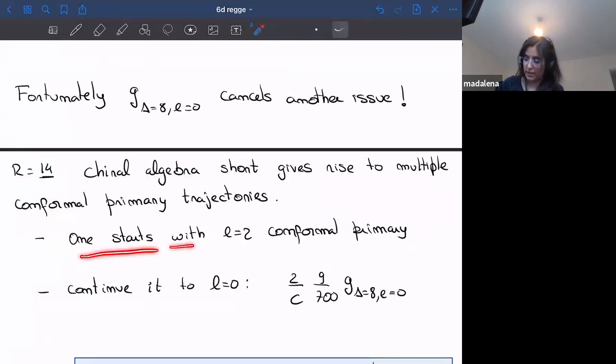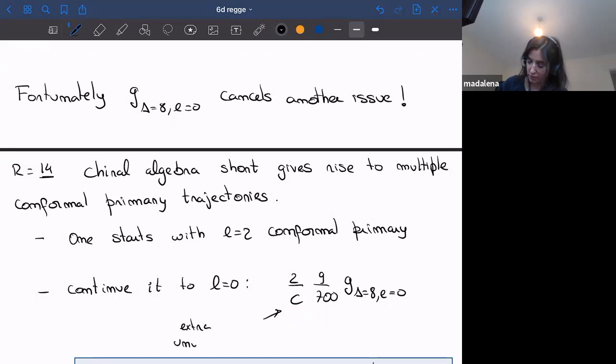And one of these trajectories again starts at spin 2. And if I continue to spin 0, I get this contribution. And because these are chiral algebra short operators, I actually know their OP coefficients. So I cannot say that this guy would vanish somehow.